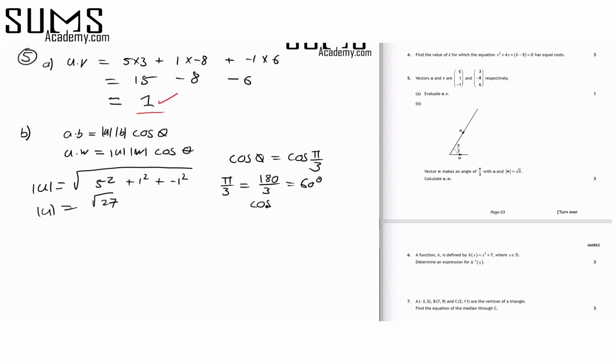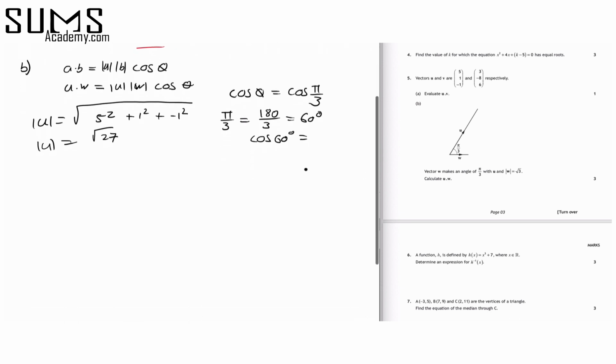So cos 60 degrees is equal to, you might know it straight away, but in case you've forgotten it, you can use your triangle, which has 60 degrees down here, 30, and sides 2, 1, root 3. So your cos 60 is just adjacent over hypotenuse, which is equal to 1 over 2.